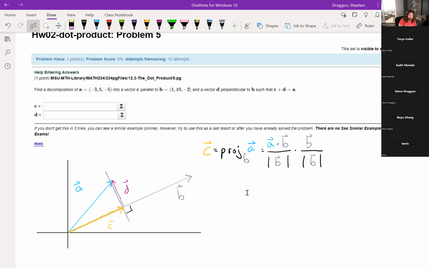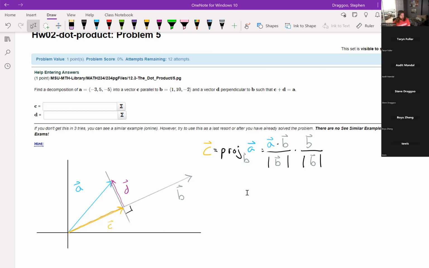I want a component that's parallel to B, and a component that's perpendicular to B. The parallel component is only the part of A that runs parallel to B. That's denoted by C, in yellow, and that's the first thing we find. After we find the parallel component, we'll use it to find the perpendicular component, the bit D denoted in magenta in the diagram.